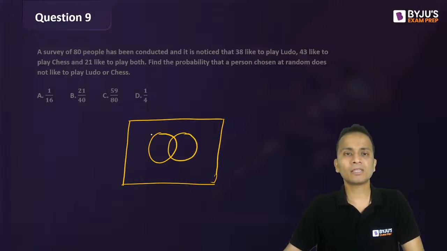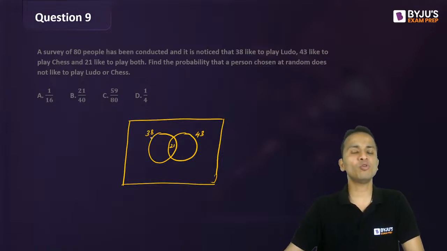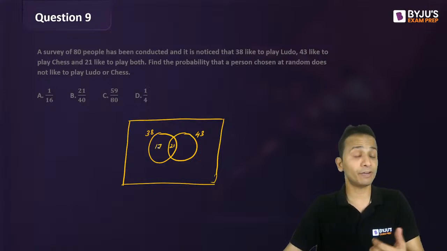Okay, now 38 people play Ludo and 43 people play chess and 21 play both. So the number of people who will play only Ludo will be 38 minus 21, that is 17. Only chess will be 43 minus 21, that is 22. Okay.